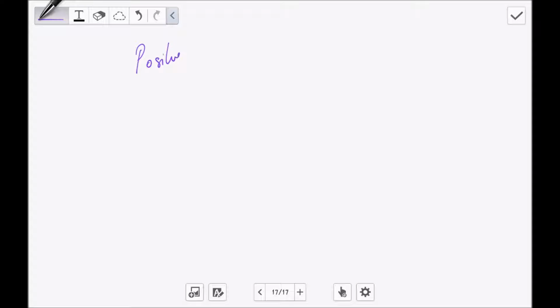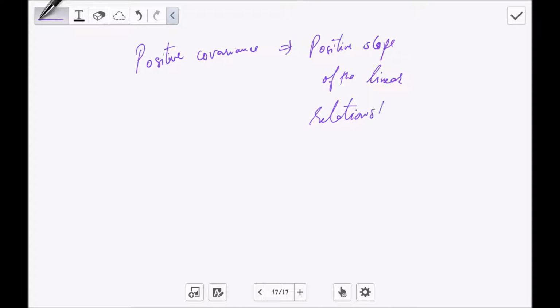Positive covariance implies a positive slope of the linear relationship. Similarly for negative.